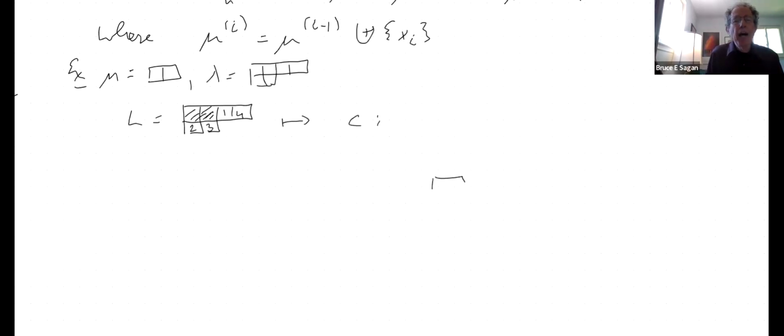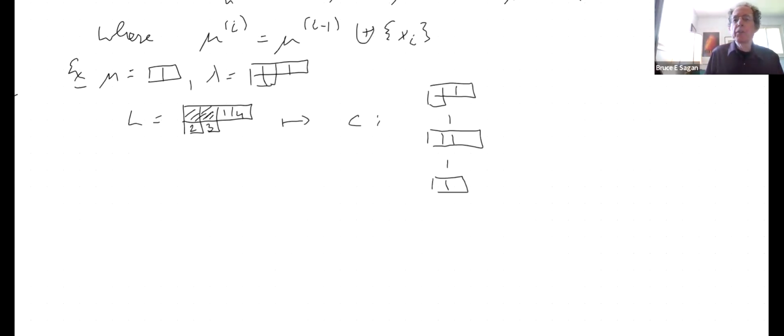And now we add boxes in the order given by the linear extension, right? So this 1 here tells me that the first thing is I add a box in the first row, right? What is the 2 telling me? Now I want to add a box in the second row, the beginning of the second row, right? So that would give me this.